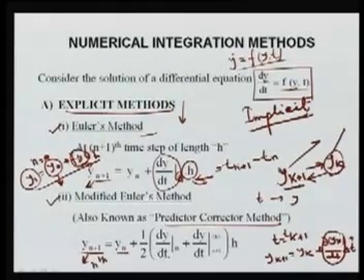This is nothing but your function f(y, t), so I can write f(yn, tn) plus another value f(yn plus 1, t n plus 1), then multiplied by h. So this is called your predictor step.